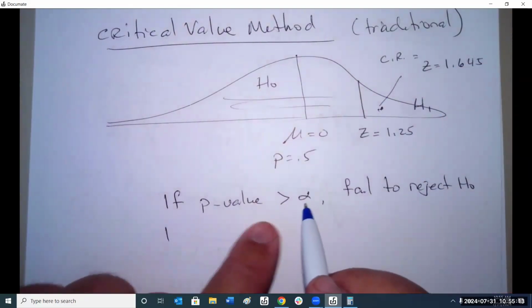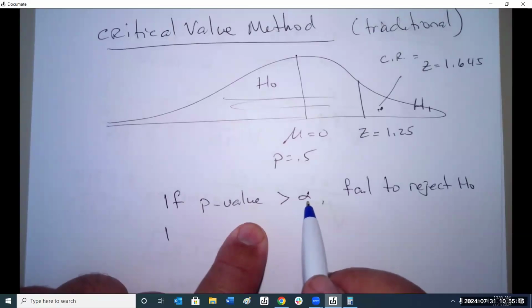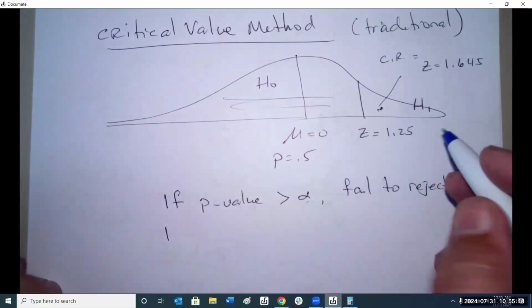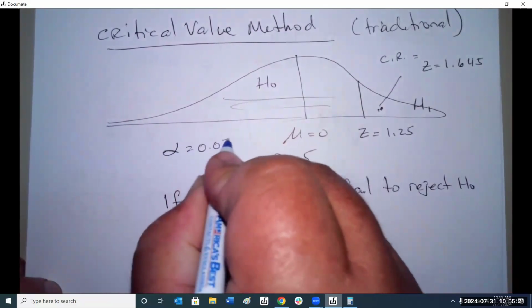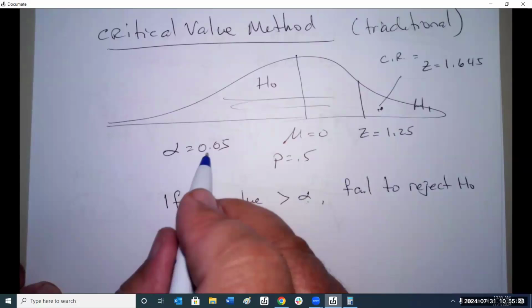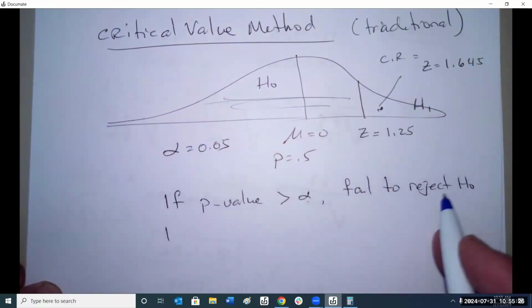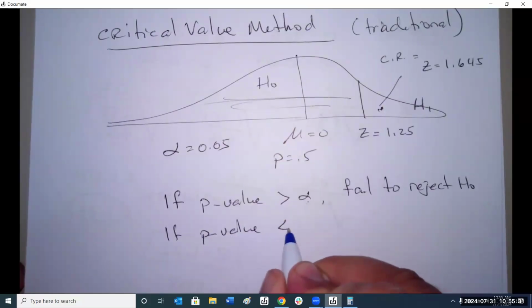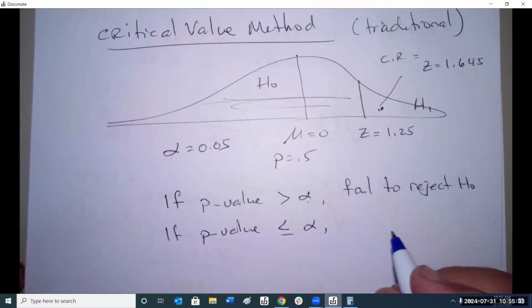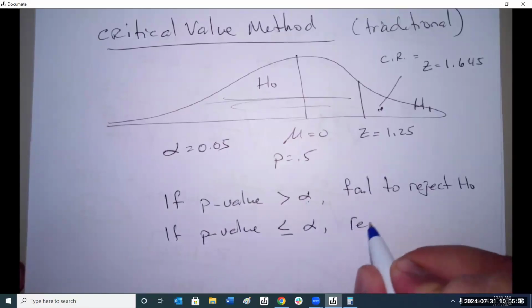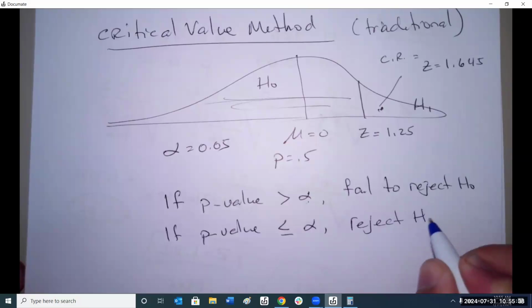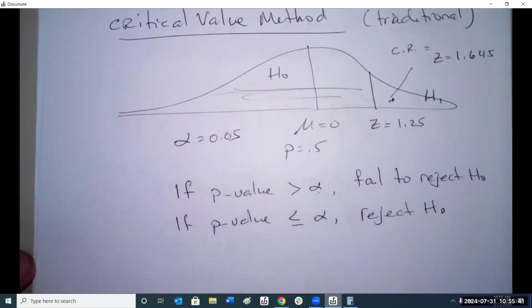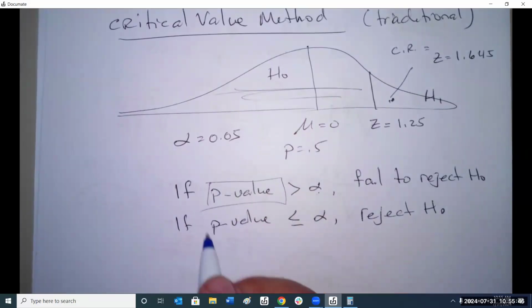So if this is greater than our alpha, remember our alpha was 0.05. If it's greater than alpha, it's on this side, so we fail to reject H0. If our p-value is less than or equal to alpha, then we reject H0. So the whole purpose is we have to now find our p-value.